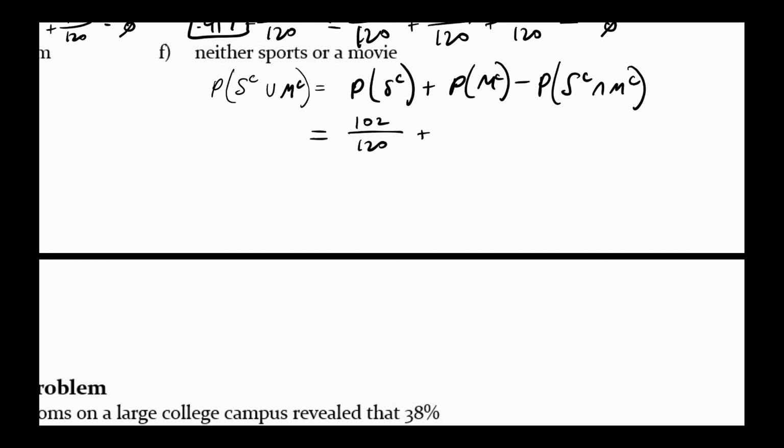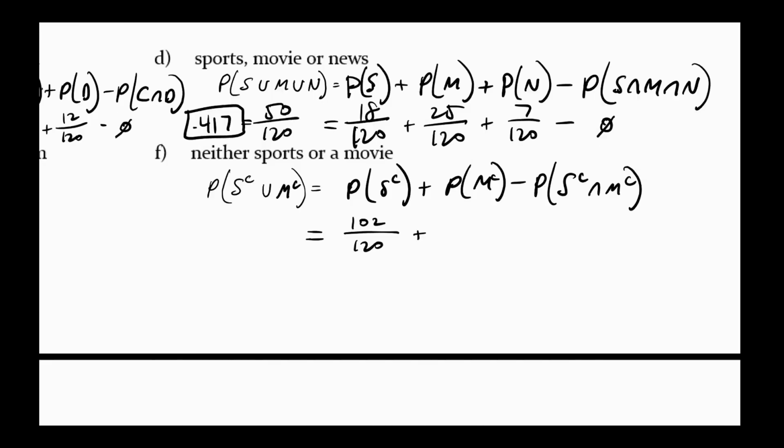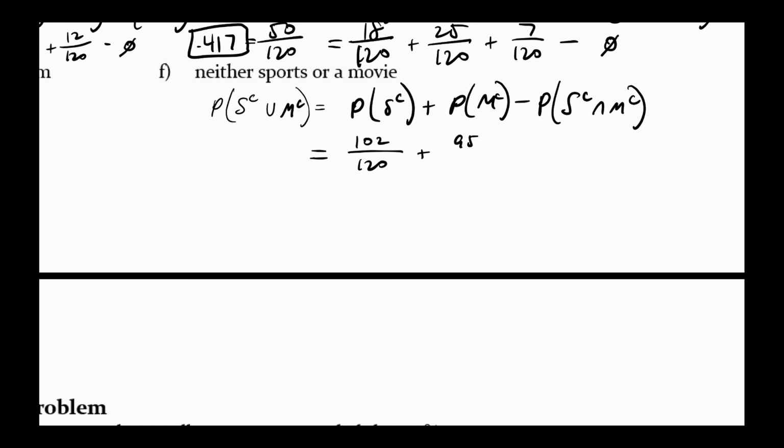Not a movie. How many movies are there? 25 movies. So not a movie would be 95. Minus any not sports, not movies. Which ones would that be? I'm looking for overlap, stations that were included here and here. Movies and sports. So it has to be not sports and not movies.